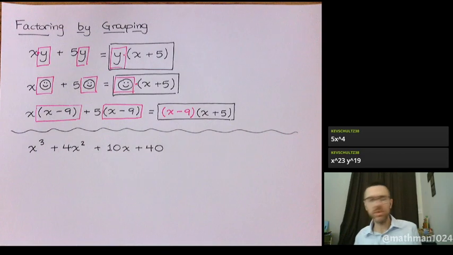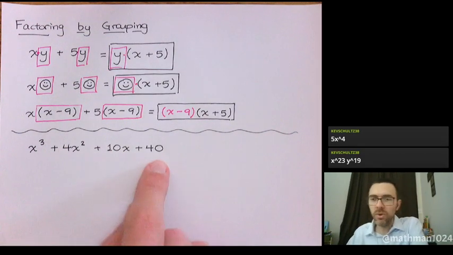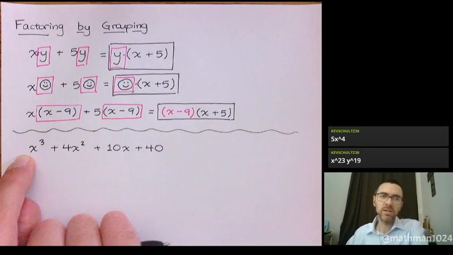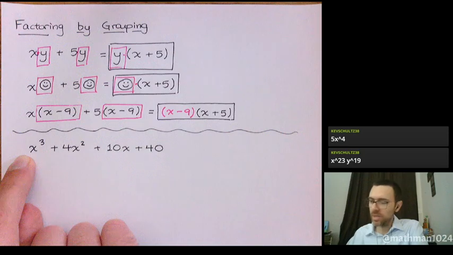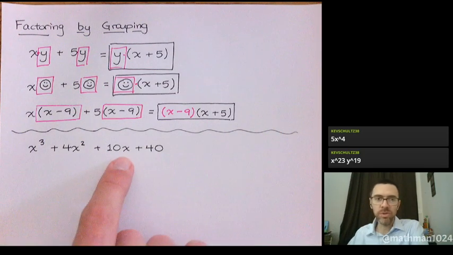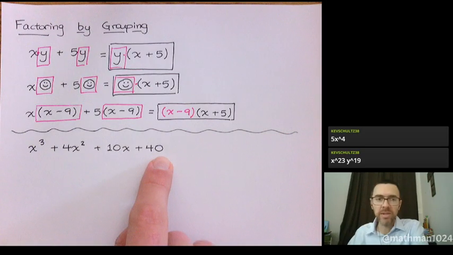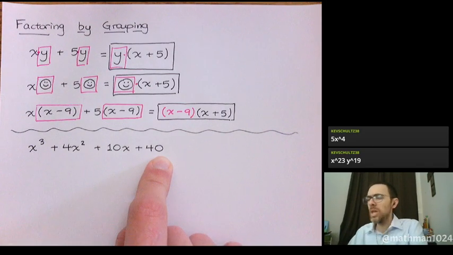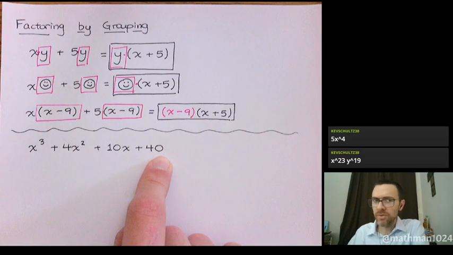But there's not a common factor for everything. You might look at this and say, oh, 4, 10, and 40 all have a common factor of 2, but this lead term doesn't. Or you might say, these first 3 terms all have x. It's true, but the last term does not have x as a factor. And so because of that, there is no common factor for the whole thing.